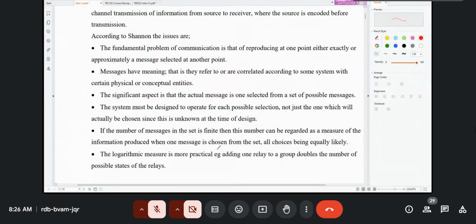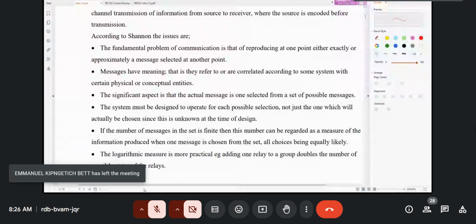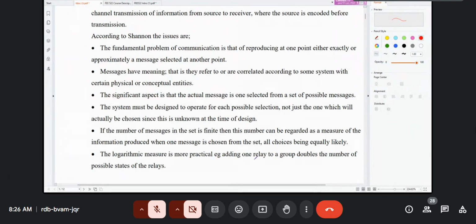Because as we see in the alphabet, all symbols don't have the same probability. So we are talking about in this case all choices being equally likely. The symbols are not equally likely in practical communication.